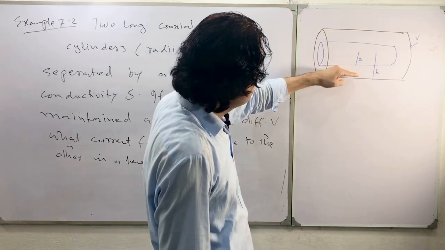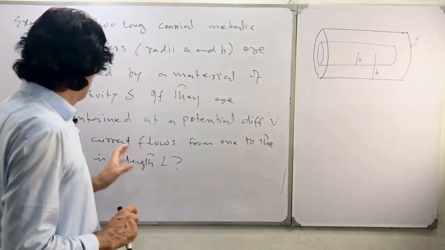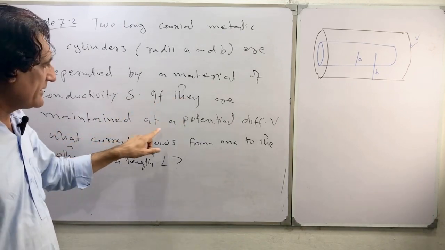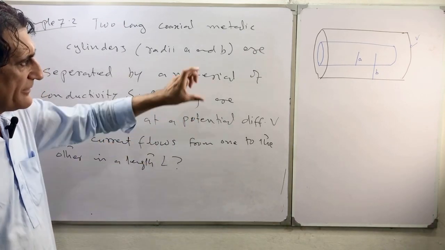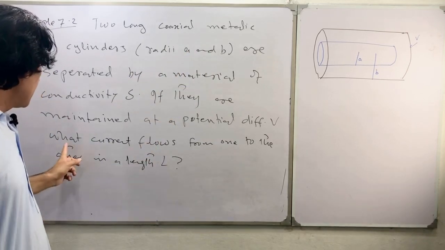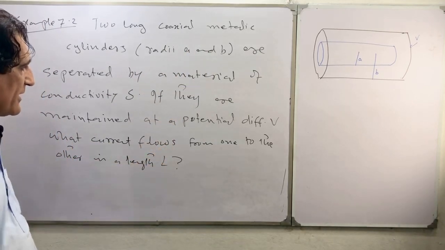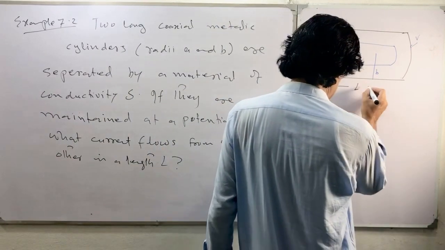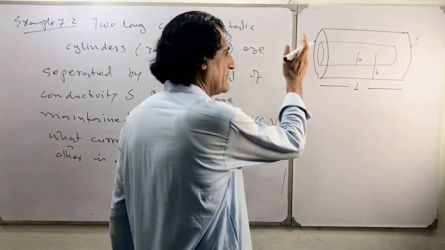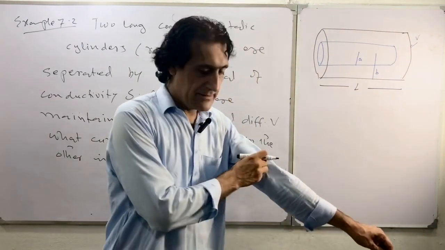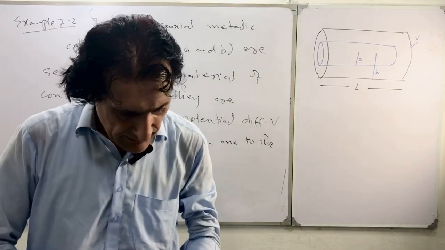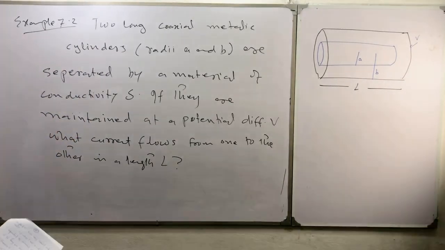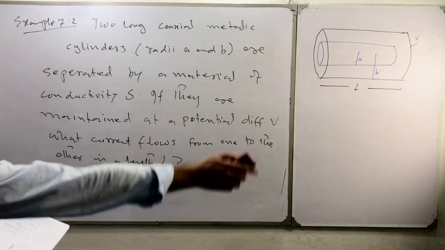If they are maintained at a potential difference V, what current flows from one to the other in a length L? If this metal has length L, then what current is flowing from one end to the other? So here we also need to find out the current. But how to find out the current? Let's see the solution.